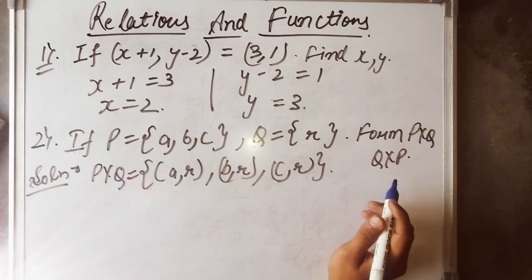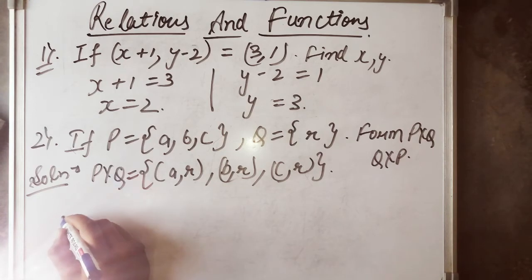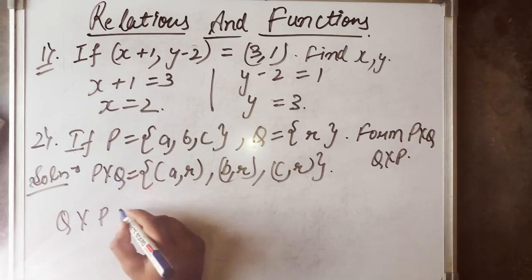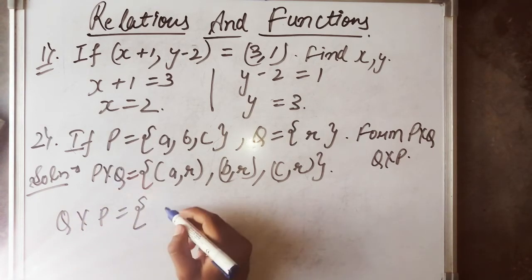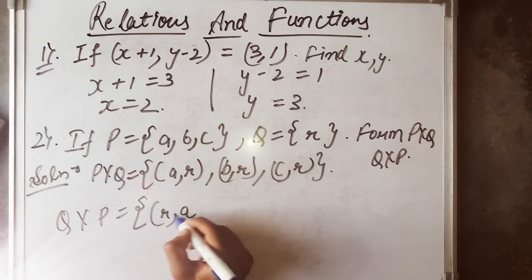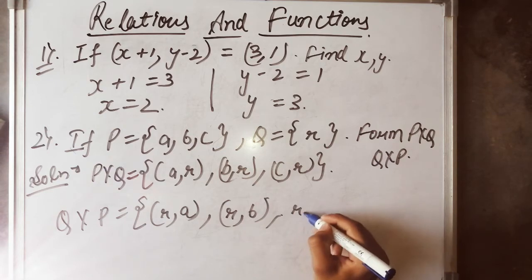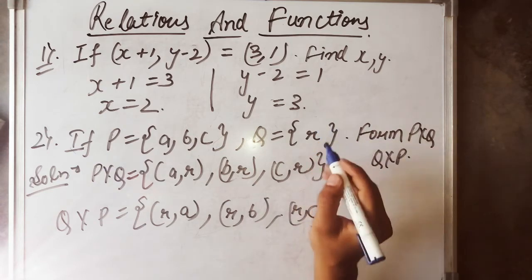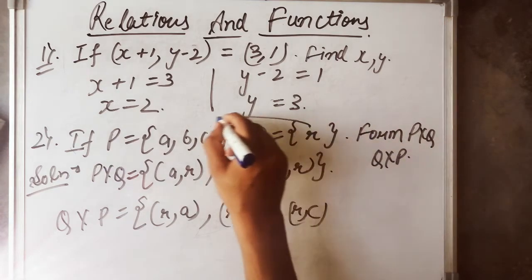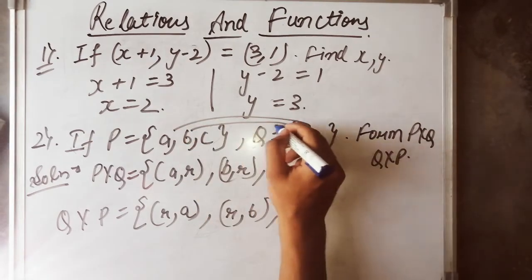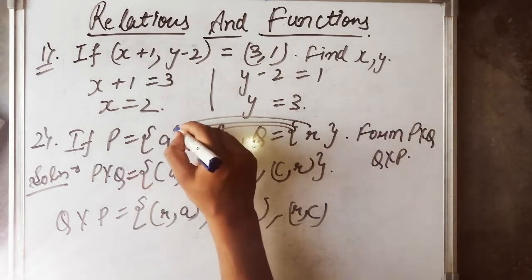This is the Cartesian product of P cross Q, and Q cross P equals (R, A), (R, B) and (R, C), taking R with A, B and C simultaneously.